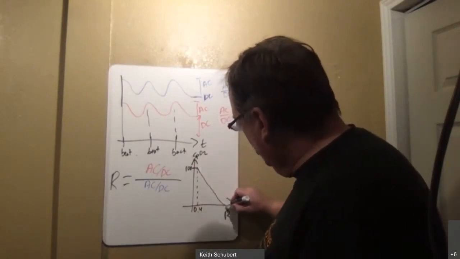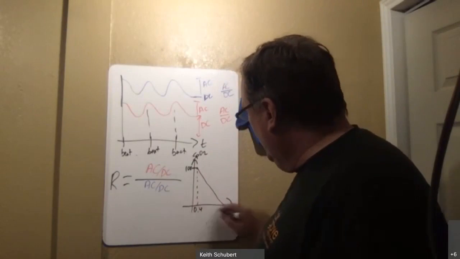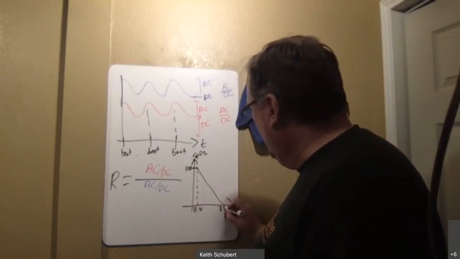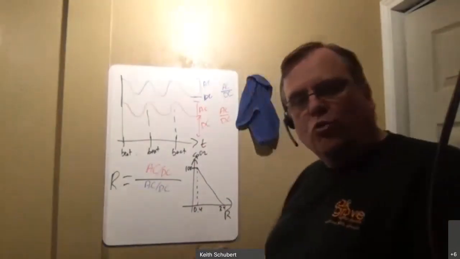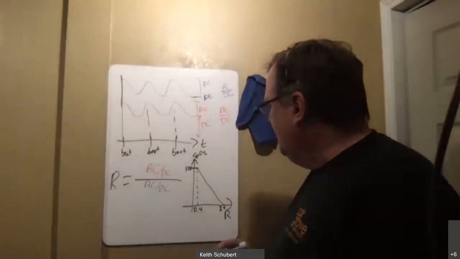And you have 0 at about 3.4. That's about the range that you've got for these.